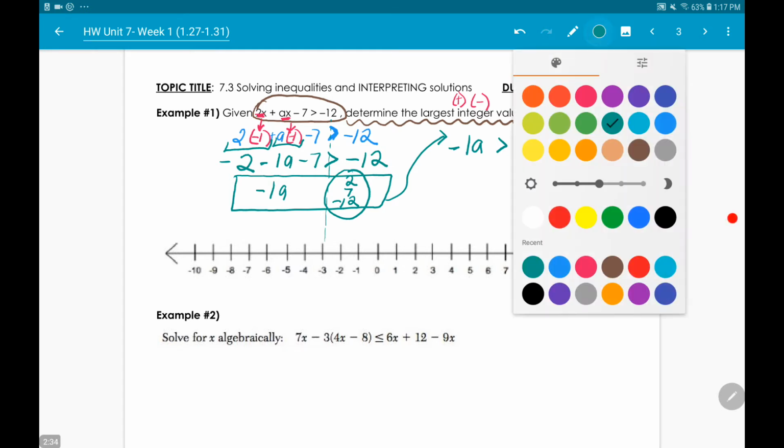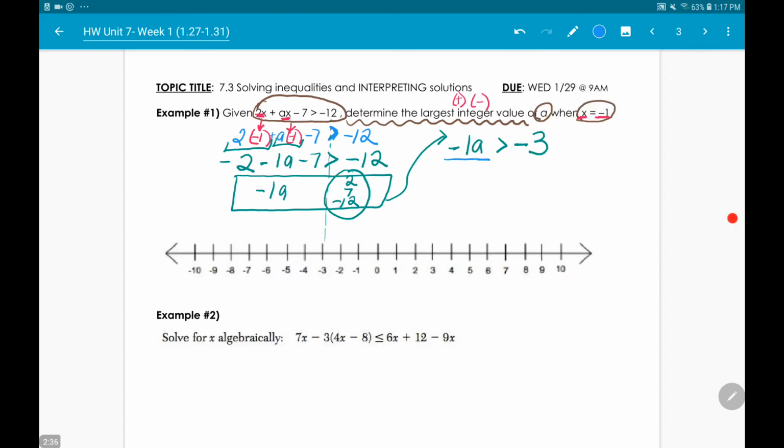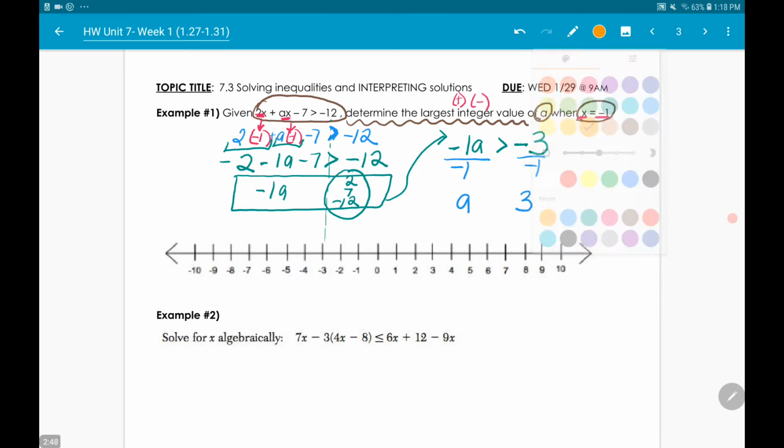My final step is to divide by negative 1. Negative 3 divided by negative 1 is 3. But remember our golden rule: we divided by a negative, so I have to flip my sign. Now I know that a is less than 3.